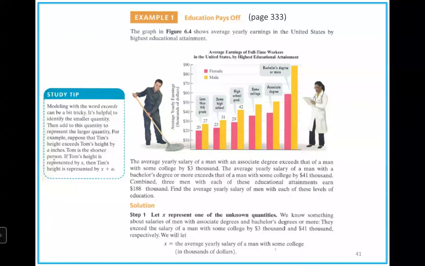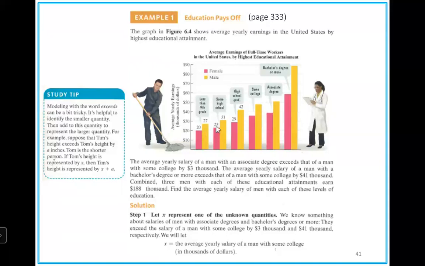So we have less than 9th grade, then we are showing you different levels: some high school, high school graduate, some college, associate degree, bachelor's degree. As you increase your level of education, they're suggesting that your earnings go up. So persons who have a bachelor's degree earn more than persons who just had 9th grade.